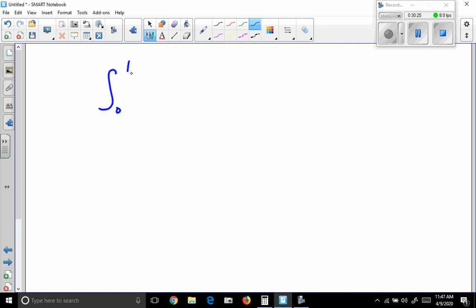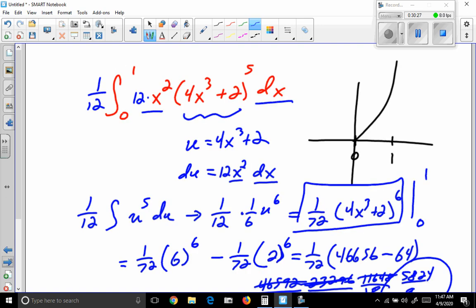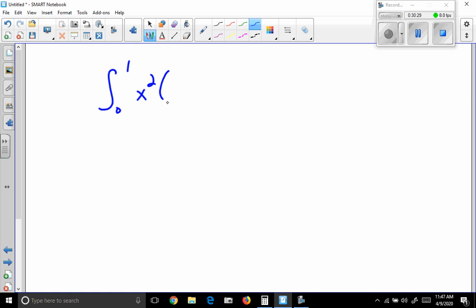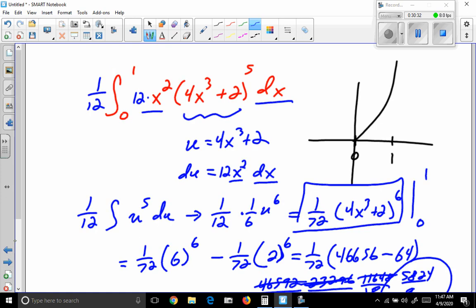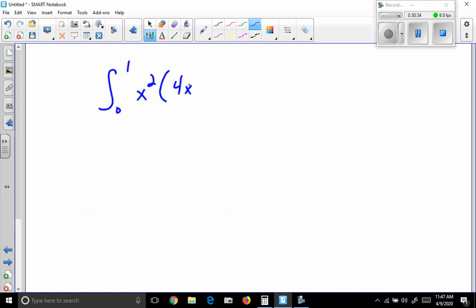So our original problem, we're integrating from 0 to 1, x squared times 4x cubed plus 2 to the 5th dx.